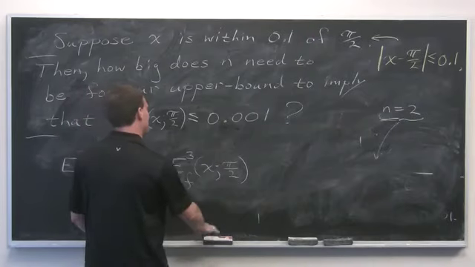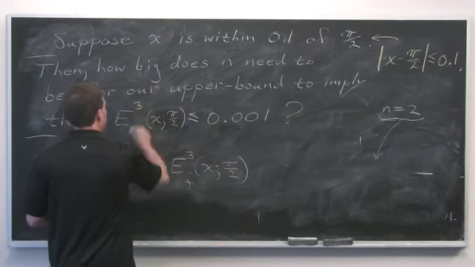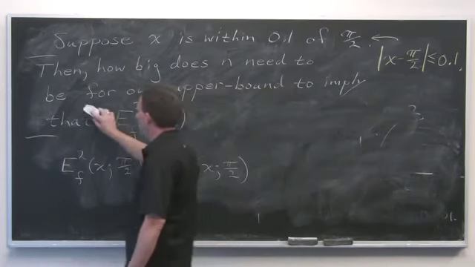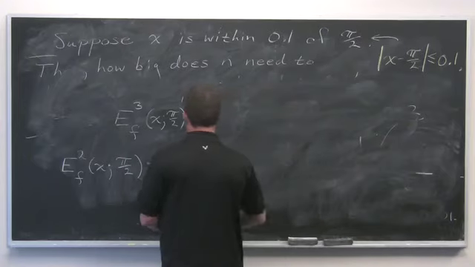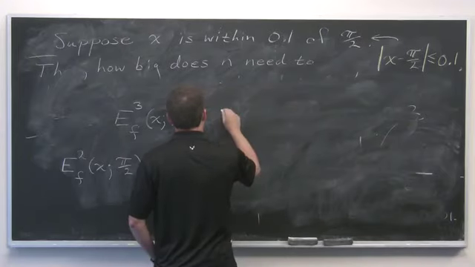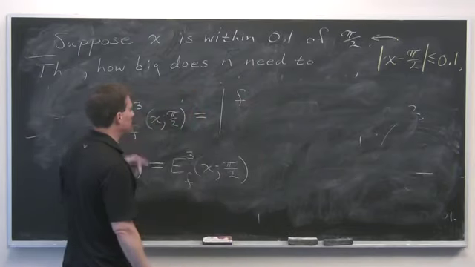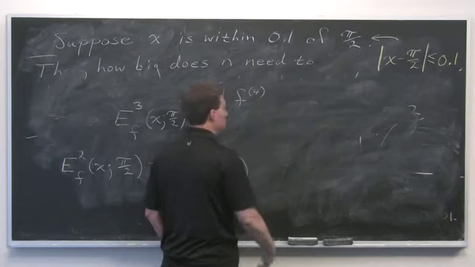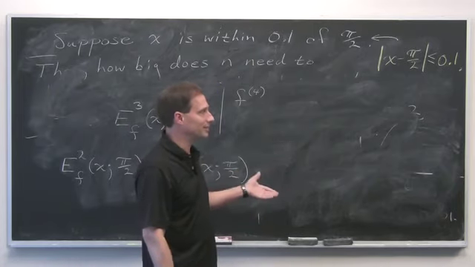So let's see how that works. What is E3? Well, E3, it's the absolute value of the n plus first derivative, so the fourth derivative of f, which is plus or minus sine or cosine. In fact, we know which one it is this time, right?